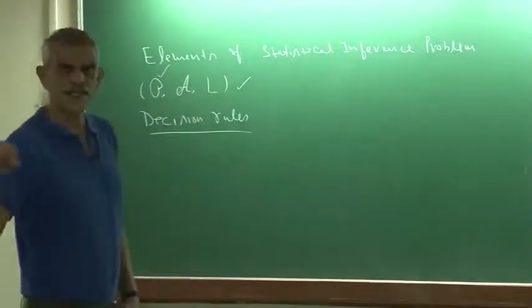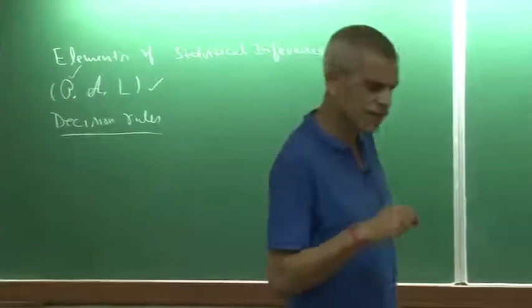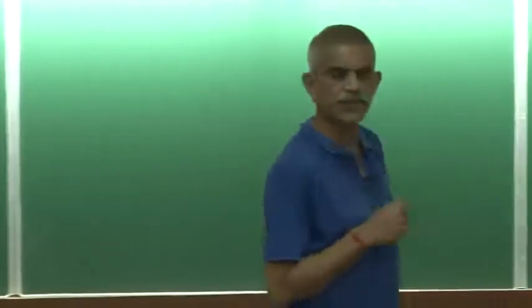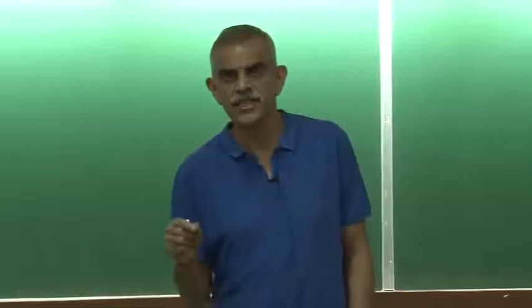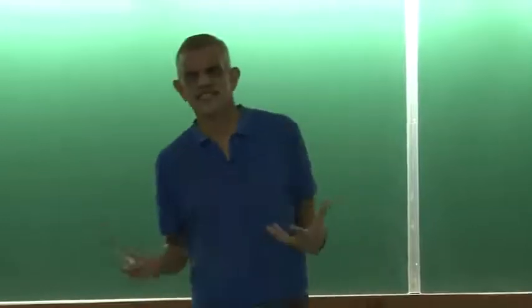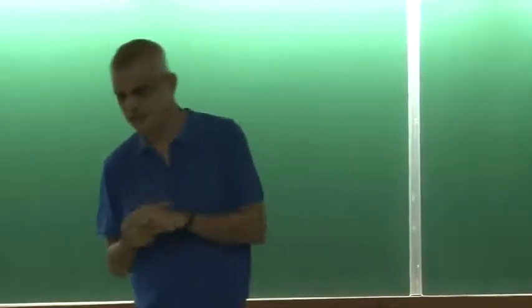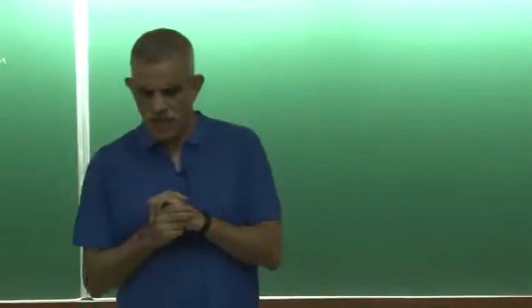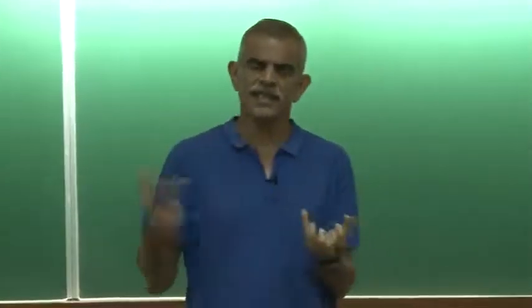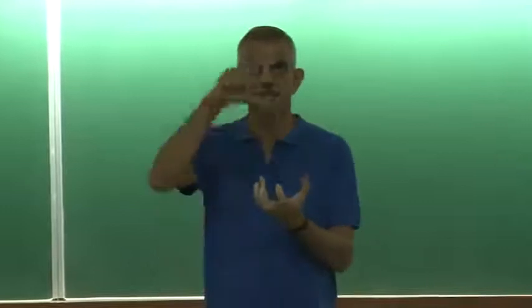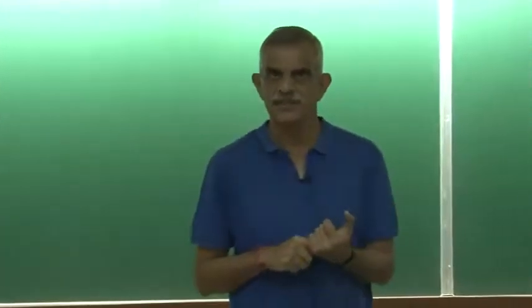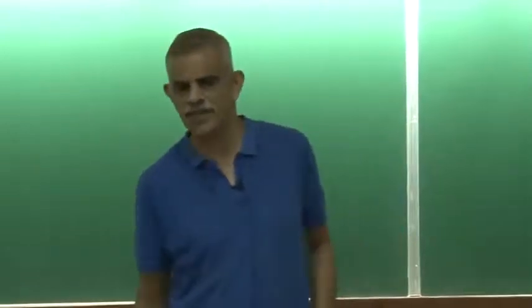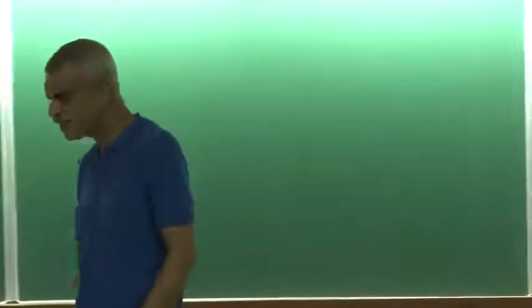A similar criterion is invariance. In certain situations, you would realize that your estimation problem under consideration has a structure which is invariant under a certain group of transformations. If that is the case, then the principle of invariance suggests that I should only consider decision rules which are invariant. So here, further, the class of decision rules under consideration has been restricted.